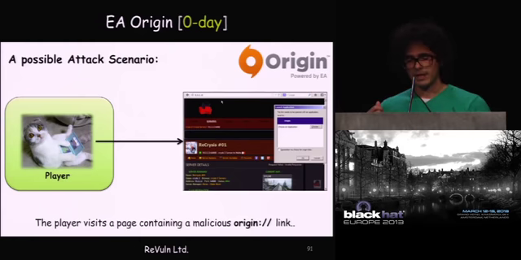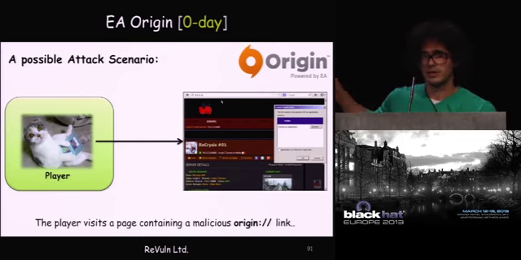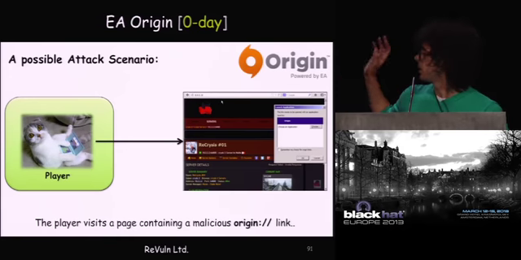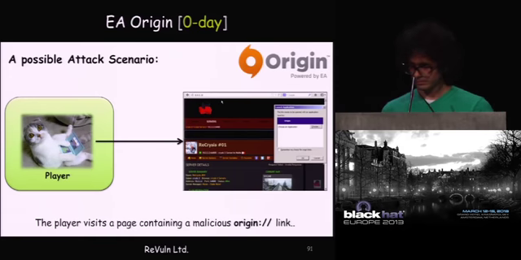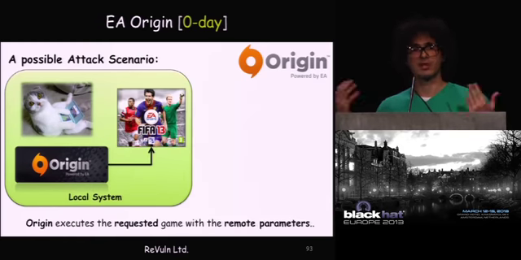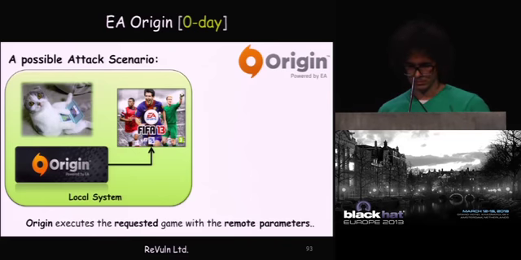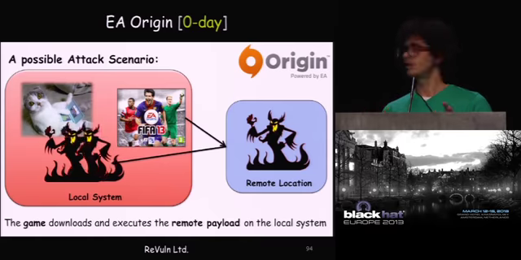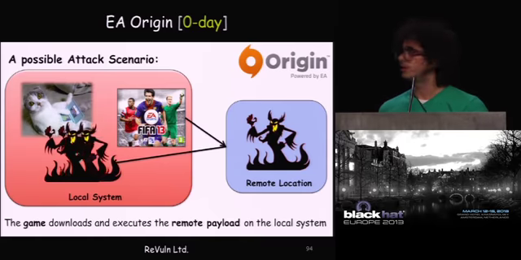So there are many users, many gamers that have these links already set as automatically executed. The link interacts with Origin, and Origin starts the game with our command line arguments. At that point, the victim is already exploited, is already compromised.